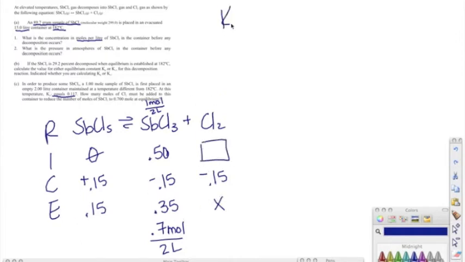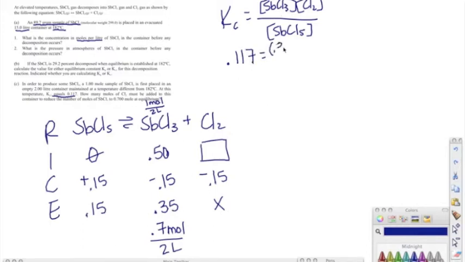So Kc is equal to the concentration of SbCl3 times the concentration of Cl2 divided by our reactant SbCl5. We know Kc is 0.117. We know the concentration of SbCl3, that's the 0.35.